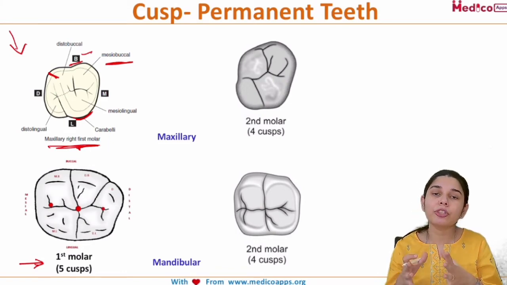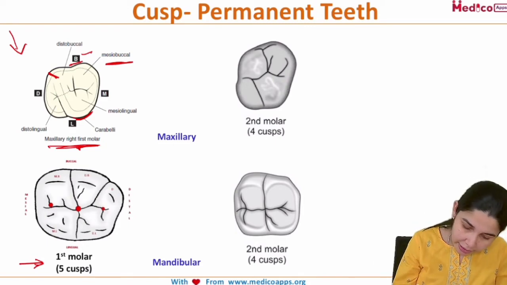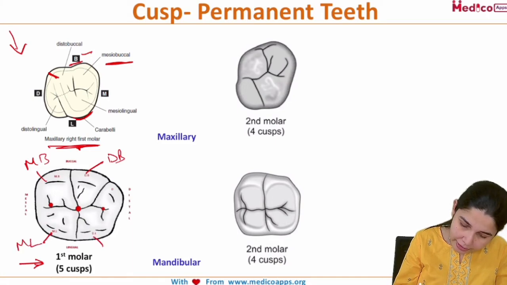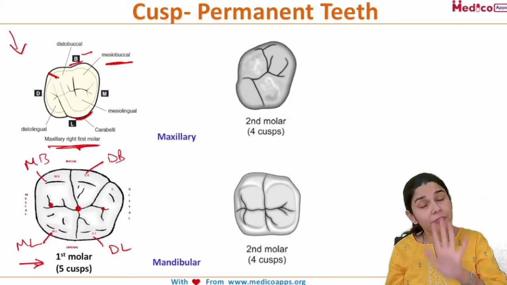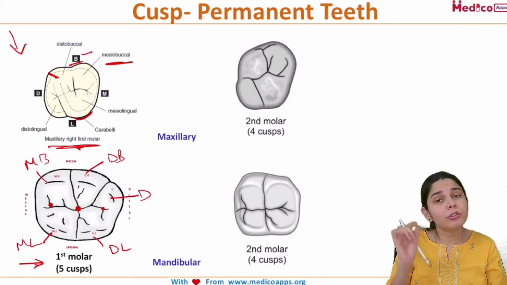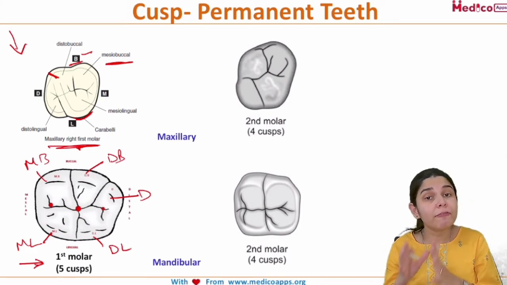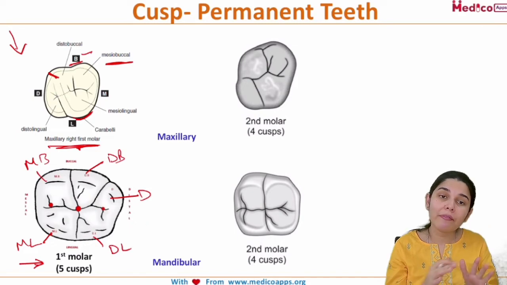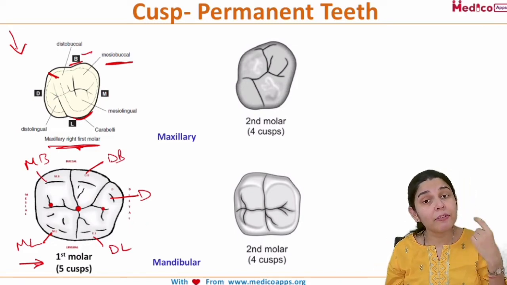So if you see, this is the mesiobuccal, this is the distobuccal, this is the mesiolingual, and this is the distolingual cusp. The fifth cusp here is the distal cusp, and this is the smallest cusp you will see in the mandibular first molar. I hope you have understood the cusp anatomy for the maxillary and mandibular first molar.